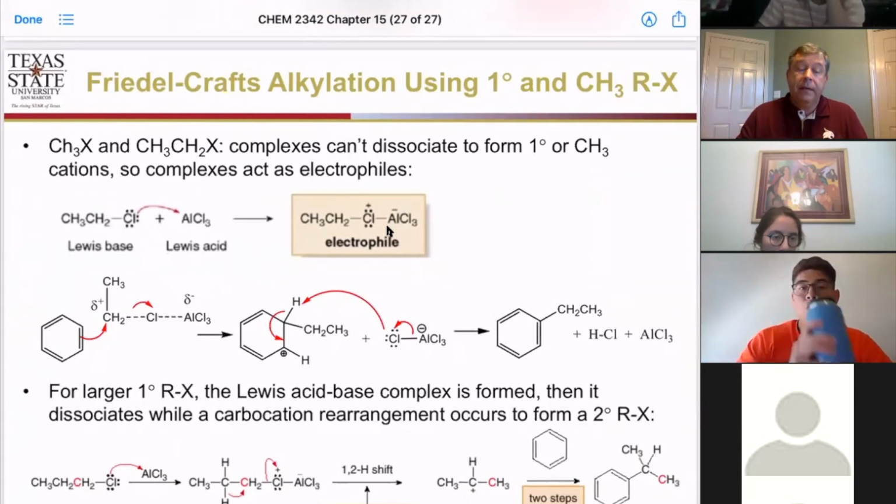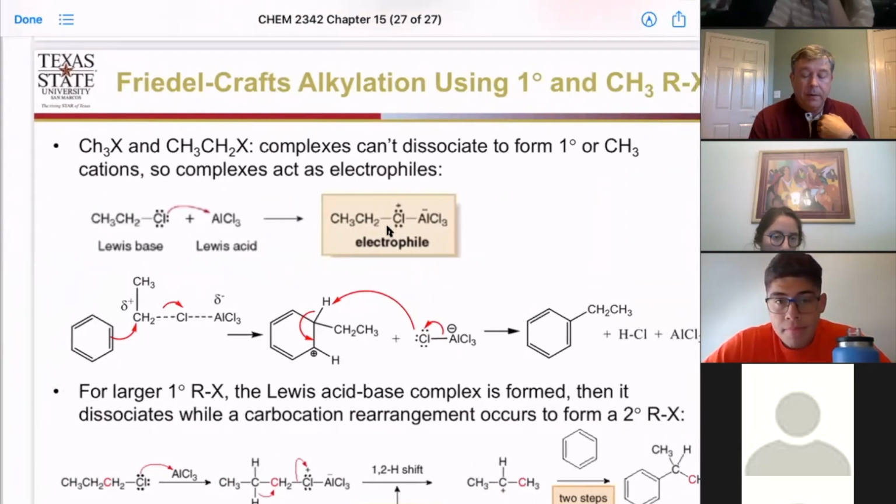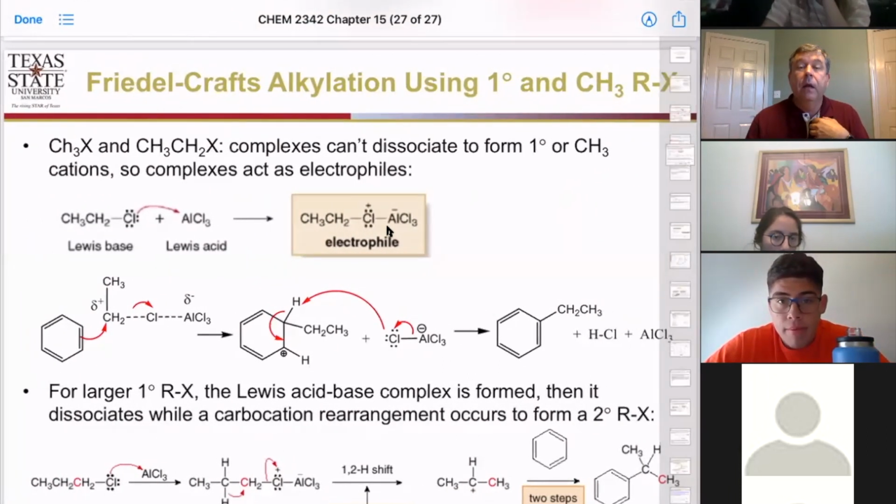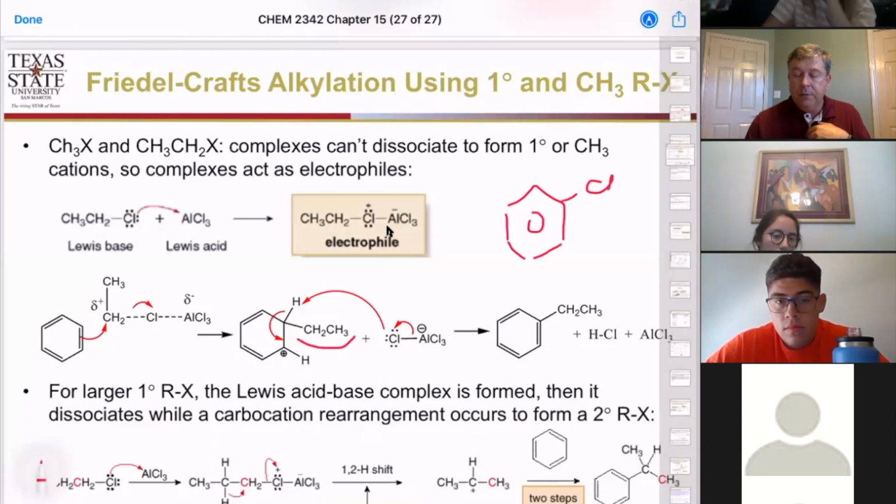So for example, in the case of this ethyl chloride, or if we had methyl chloride, we can generate that primary carbocation and it will not rearrange, and therefore we can get the straight chain alkane, like an ethyl benzene or a methyl benzene, or as the common name would say, toluene, directly from that alkyl halide.